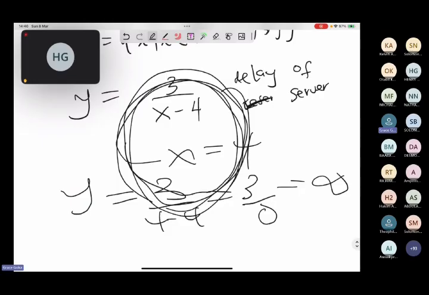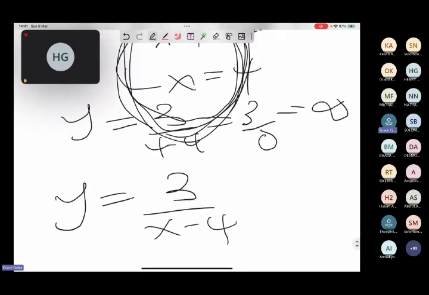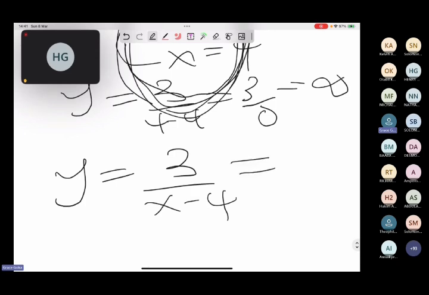And so there is going to be a lot of delay on the system, meaning the function, which is y is equal to 3 divided by x minus 4, is becoming either minus or plus undefined. It has reached its maximum capacity. So sometimes you get error message 404, or sometimes you get redirected to another system or even another page. That is one practical application.